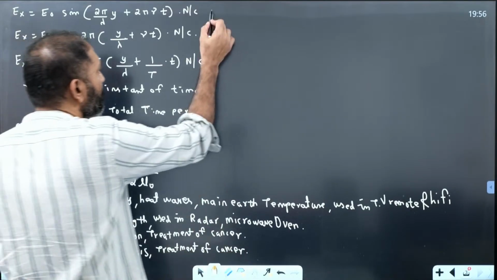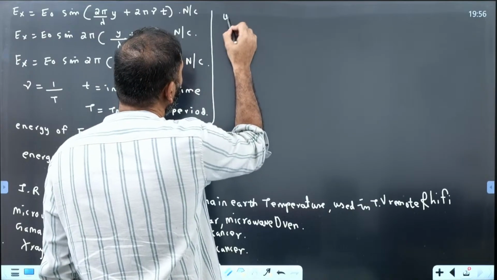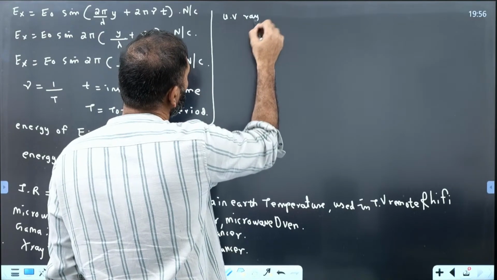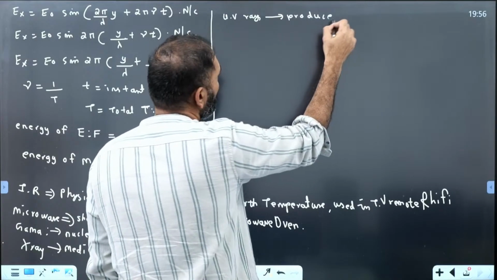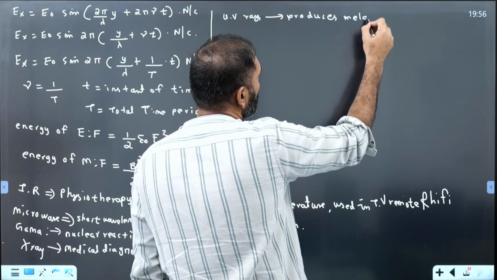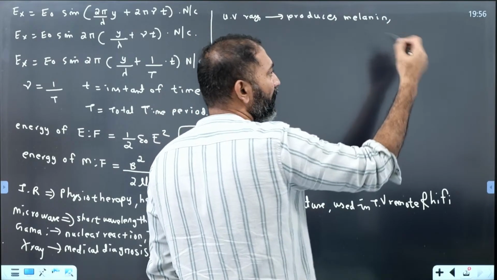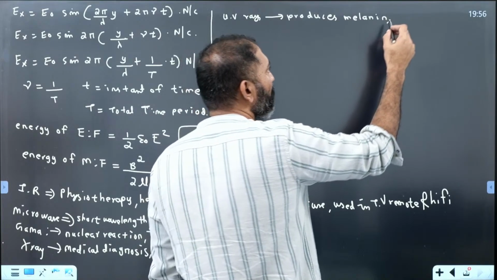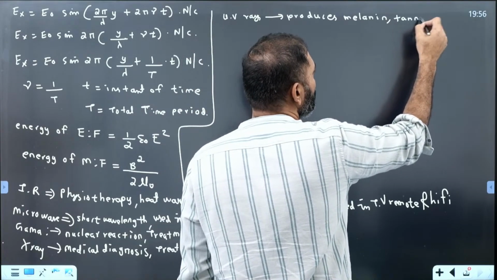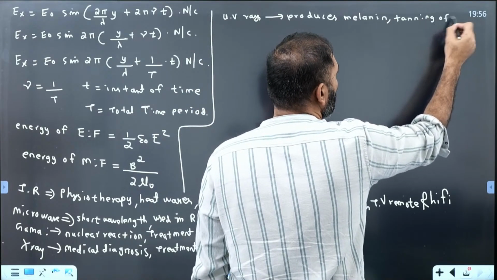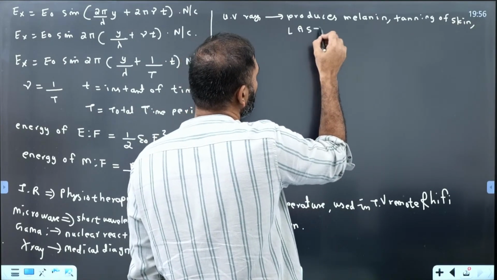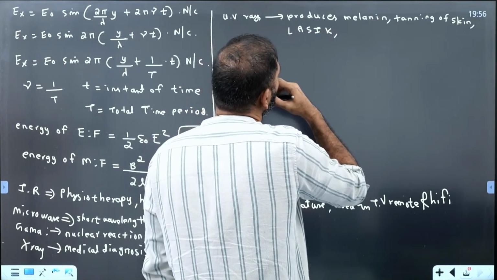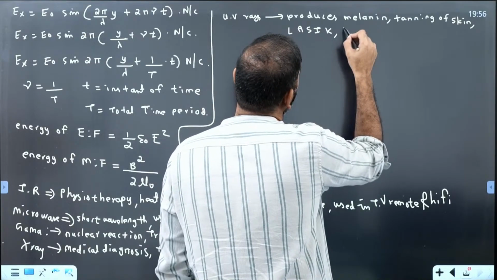Next, UV rays produce melanin. When we are exposed to UV rays, there will be more melanin, tanning of skin. Used in LASIK treatment, water purifiers.